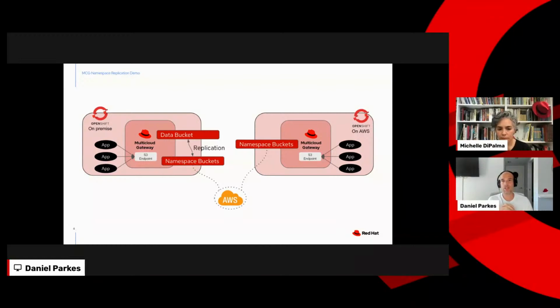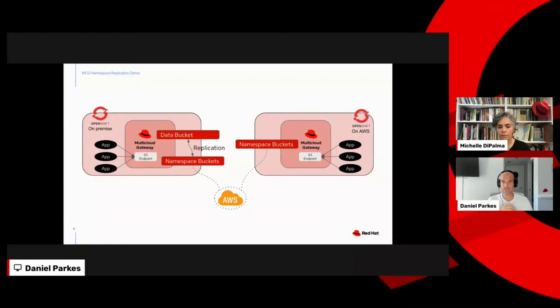But then we can go a little bit further and ask, what's going to happen if I lose my OpenShift deployment, I lose my cluster, or there's a problem in ODF, with a disaster? So I want to give a little more resiliency to our data.